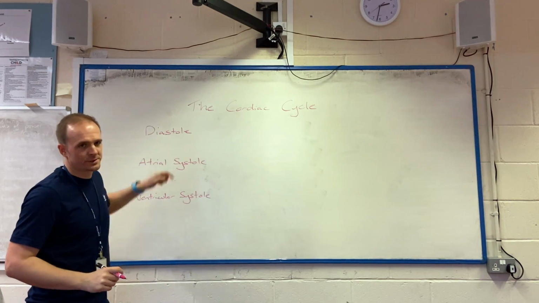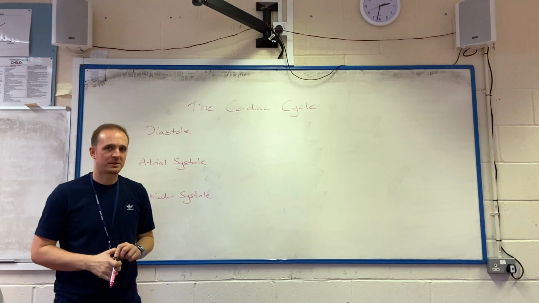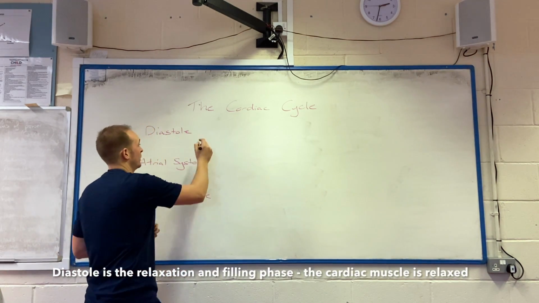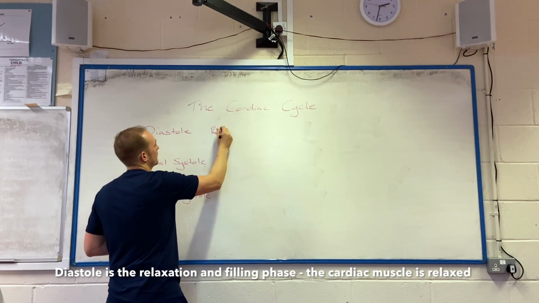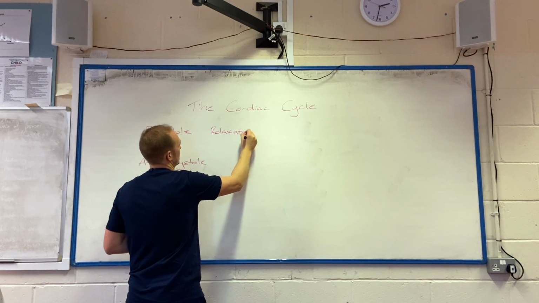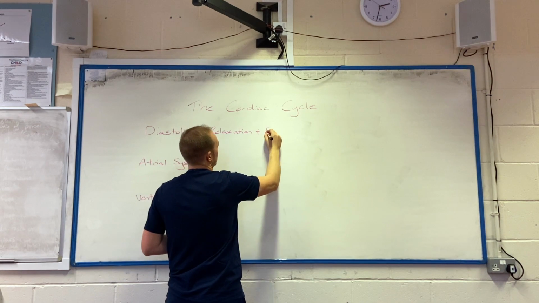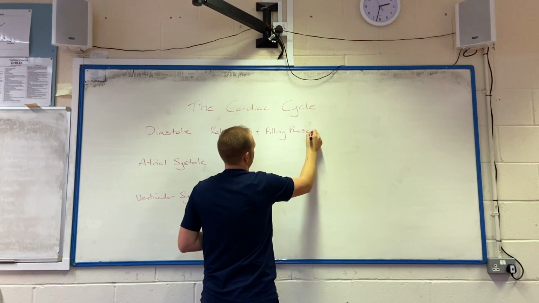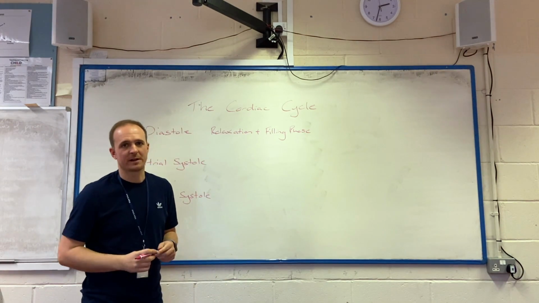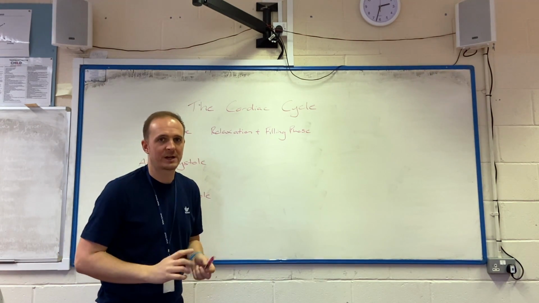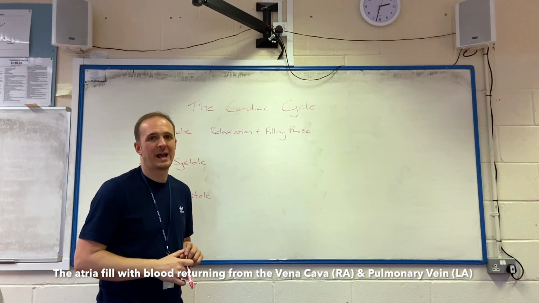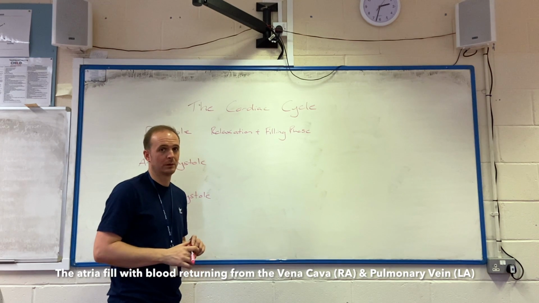So diastole is probably the easiest to remember. Diastole is what's known as the relaxation and filling phase of the heart. Basically, during this phase, the heart is not contracting, so the cardiac muscle isn't contracting, the heart is completely relaxed, and the atria are filling with blood.